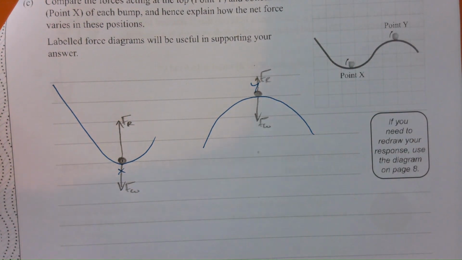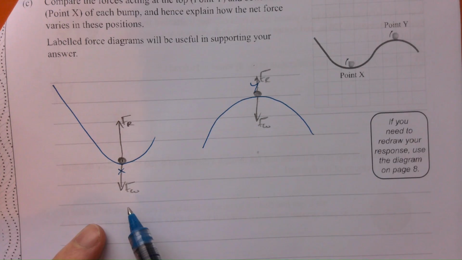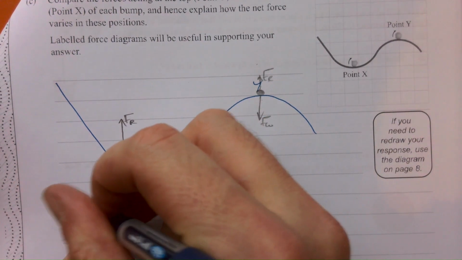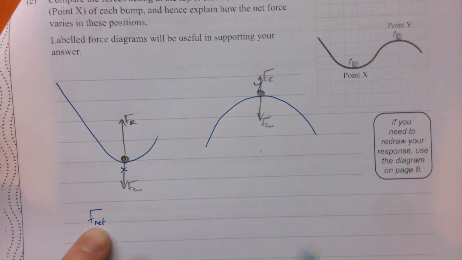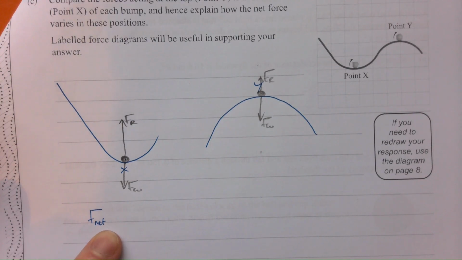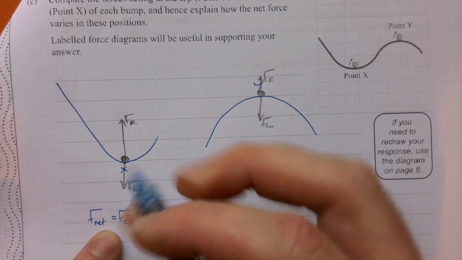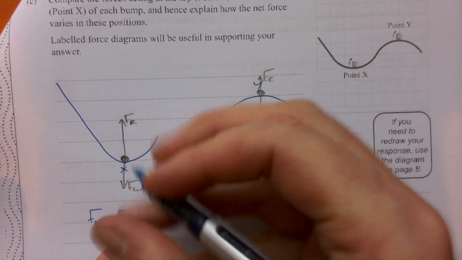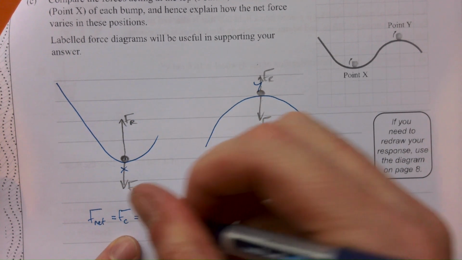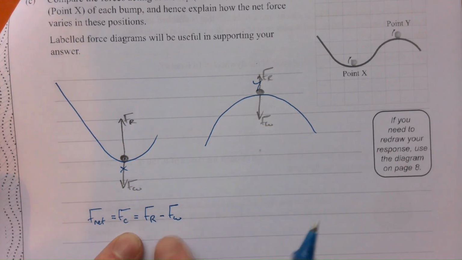Okay, so now we've got our two labelled diagrams. They're going to help us to write equations for the net force and the centripetal force themselves. So, we're going to just quickly say that the F net for position X here, I'm going to do it underneath position X here, we're going to say that the centripetal force, which is equal to the net force, is Fr, the reaction force, take away the weight force here.